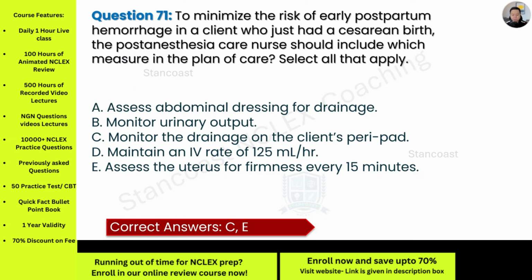All right, so your strategy here is to focus on postpartum hemorrhage risk. Again, take note about the uterine tone, and also assessing the firmness of the uterus every 15 minutes.